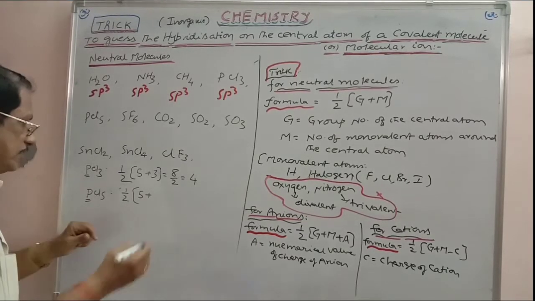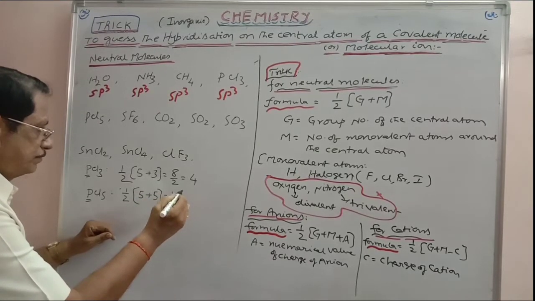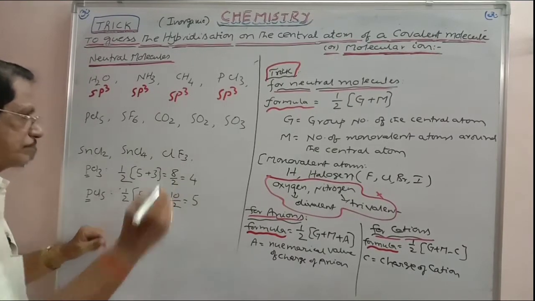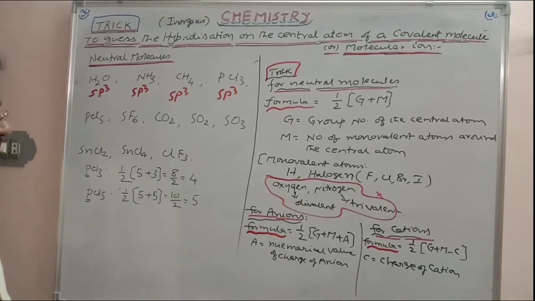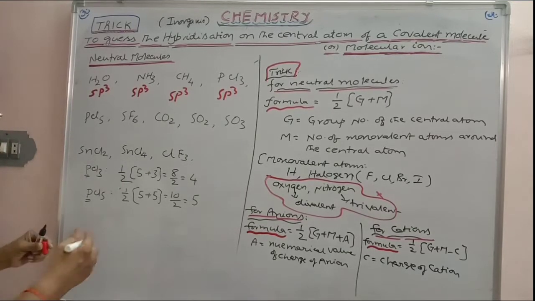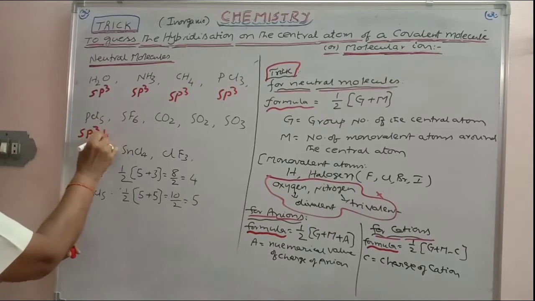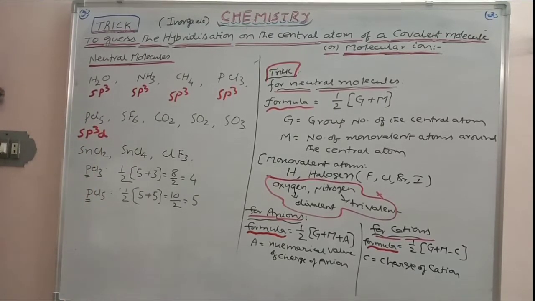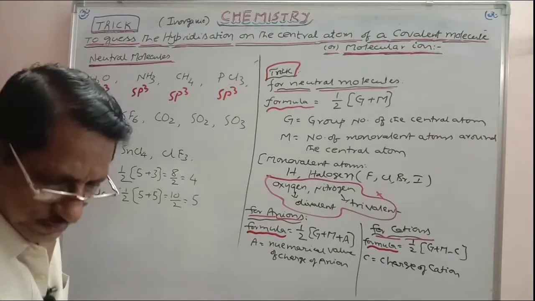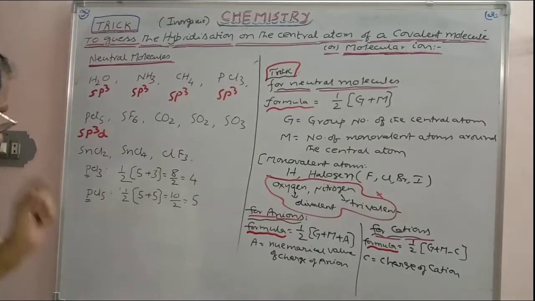There are 5 monovalent atoms, 5 plus 5, so 10 by 2, that is 5. Not 4, 5. 5 means one d orbital is involved: s, p, d orbitals. So in the case of PCl5, you will have sp3d hybridization. Whether it is sp3d or dsp3, you have to write the configuration, then only can you analyze. At present, remember that it is sp3d hybridization.